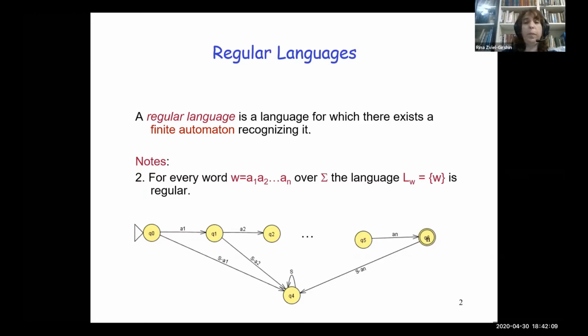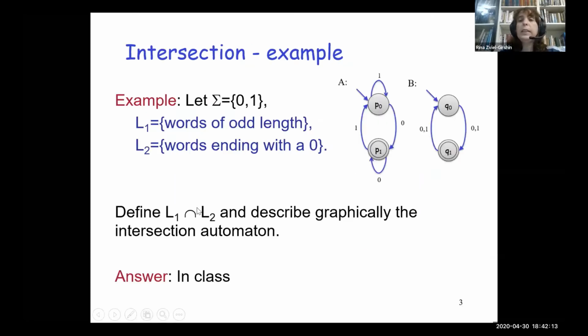Okay. If you don't have any questions, the next example. This example we had during the lecture. So basically, we need to build the automaton for intersection.